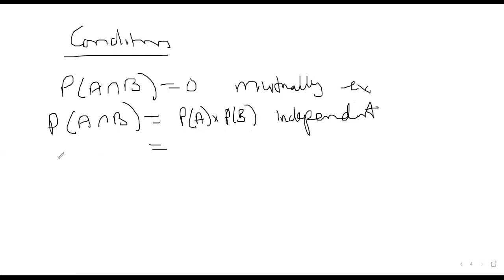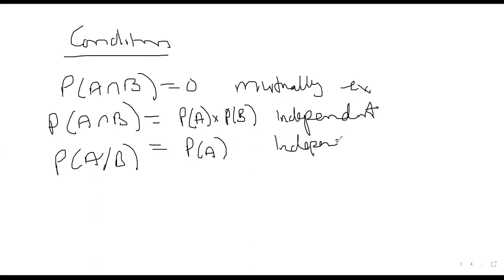Or if you just say probability of A given B is equal to probability of A, it means they're independent. I repeat, these questions will come. They ask you, are these events mutually exclusive or independent?